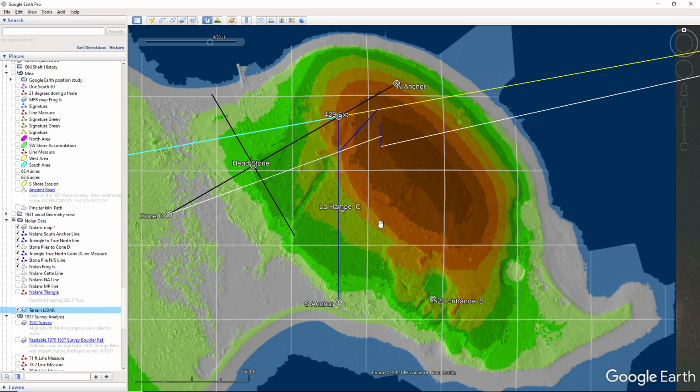This is basically showing the terrain, and the darker, the higher, and the green. So we're seeing that we're at the top of this terrain, and we're looking towards this side.